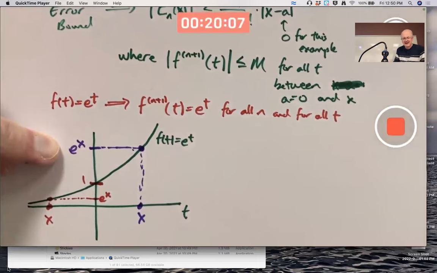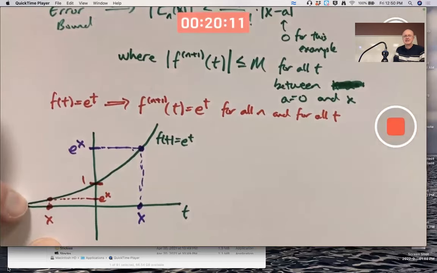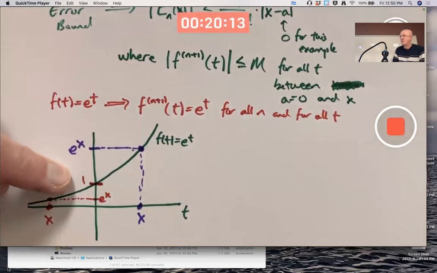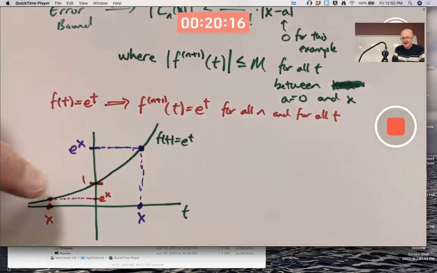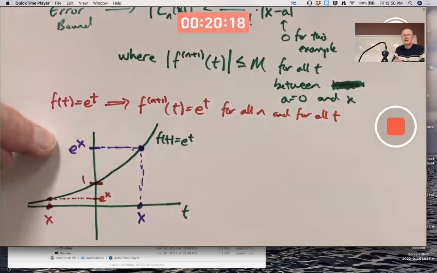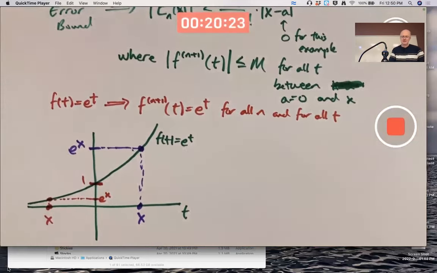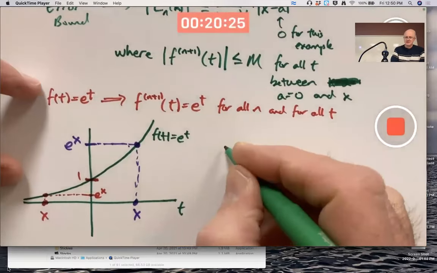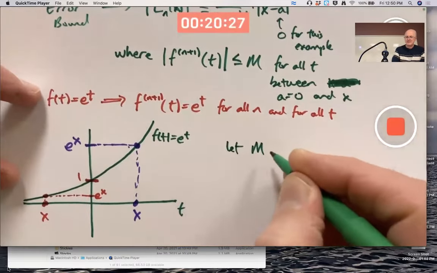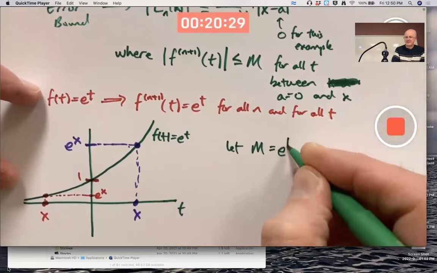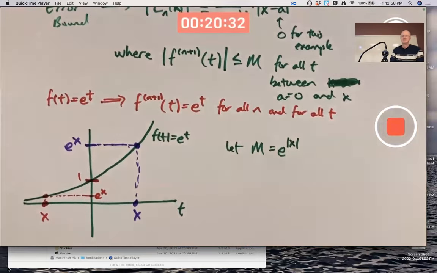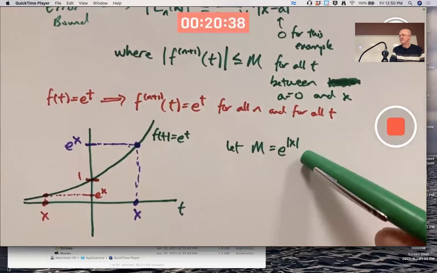Is there a way I can combine these cases into one case? I said if x is negative, I could take m to be 1. And if x is positive, I could take m to be e to the x. But is there a way to kind of just avoid cases? Yeah. In general, you could let m be e to the absolute value of x. If x is positive, e to the absolute value of x is e to the x.